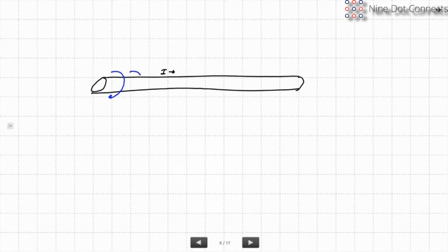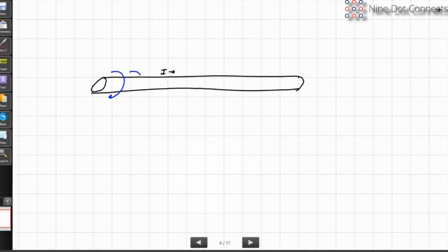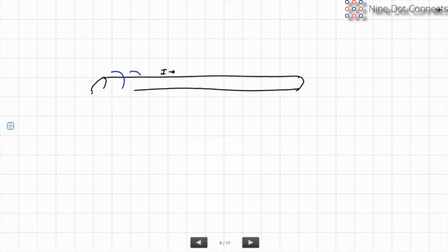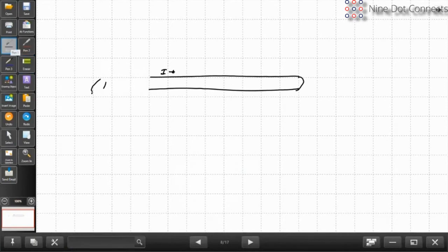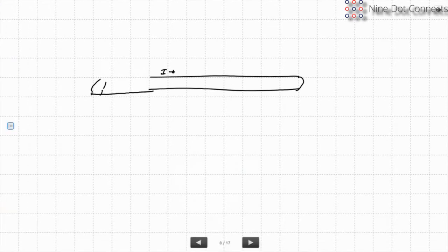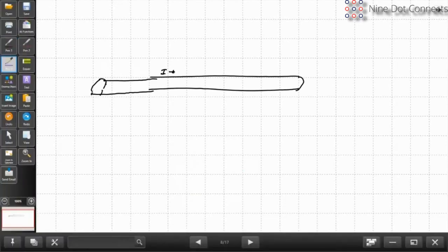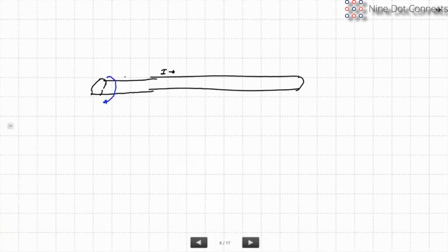And again, I'm drawing it backwards because the current is to the right, so it's always the right-hand rule. So by the right-hand rule, your thumb sticks in the direction of the current, your fingers curl the way the field goes. So if the current's going to the right, then the field, yes, the field would be curling around this direction. I actually did have it right.